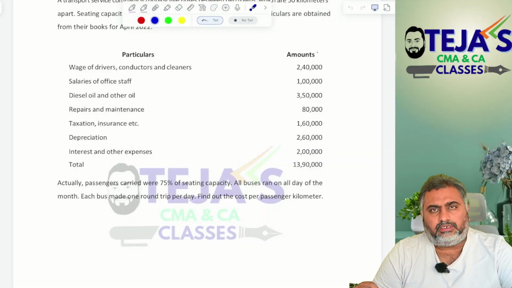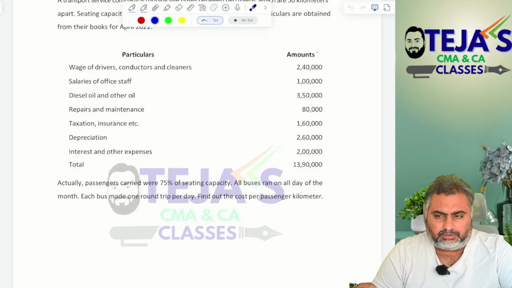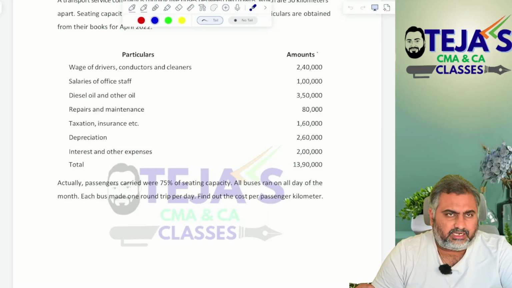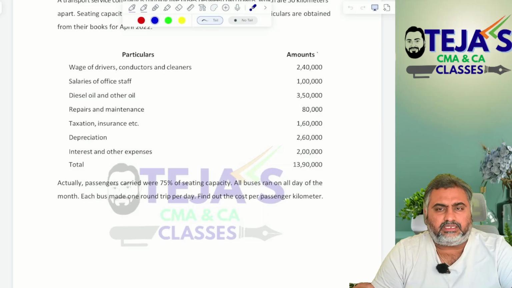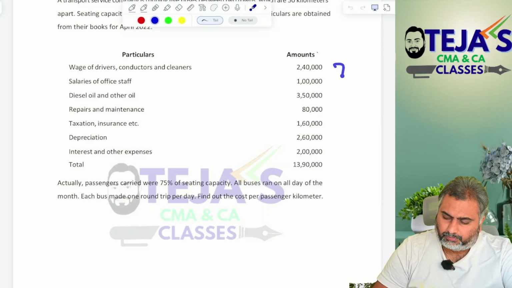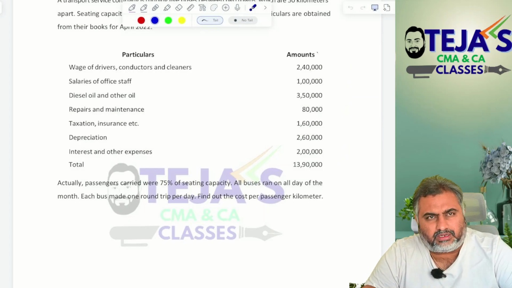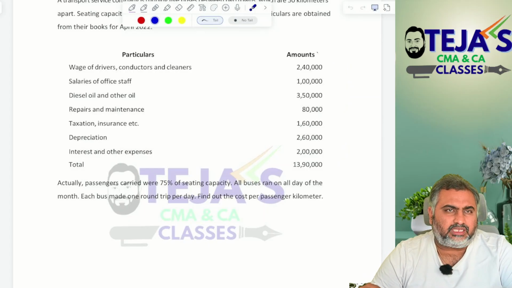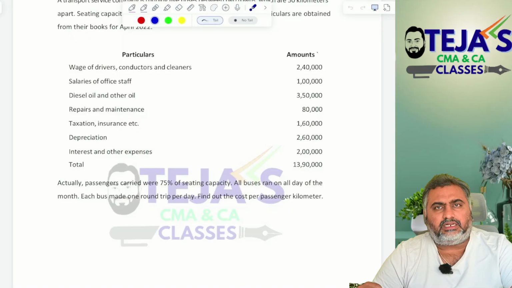Already I told you, from a service costing point of view, you need to split your expenses into three parts. One is standing charges, second is running charges, third is maintenance charges. To remember them, I will give you a small tip. Try to remember maintenance charges and running charges, then write all remaining expenses under standing charges.